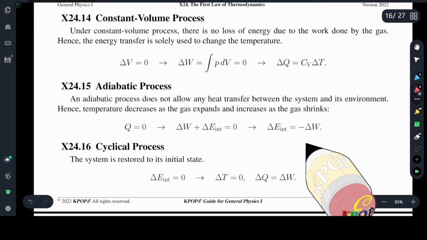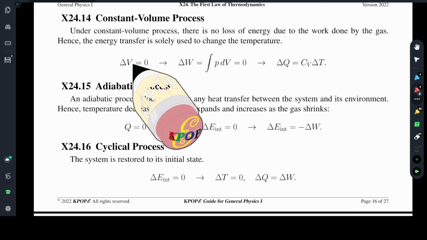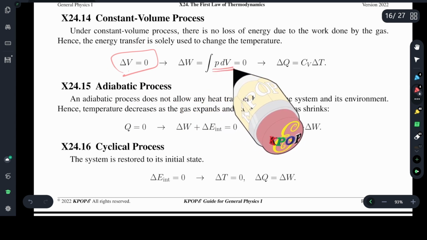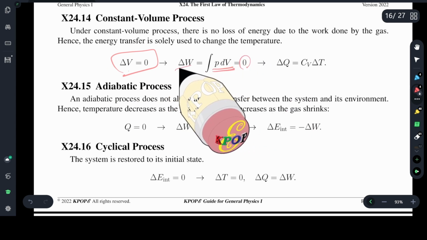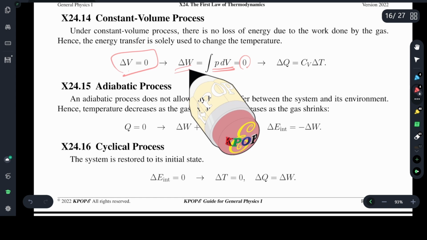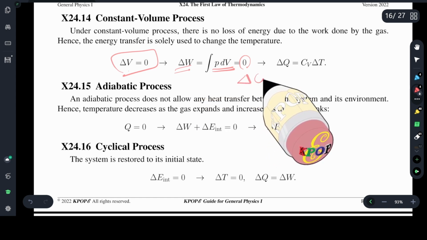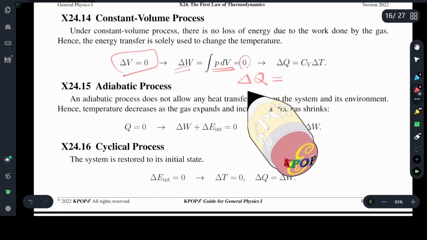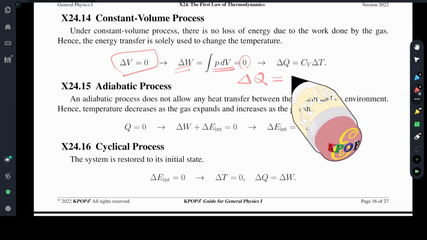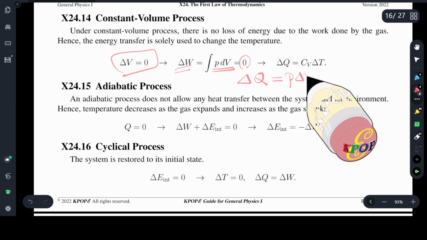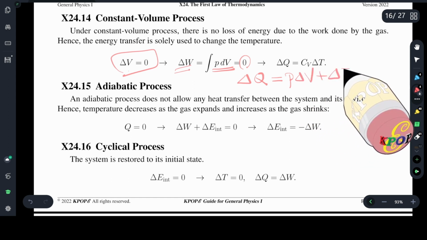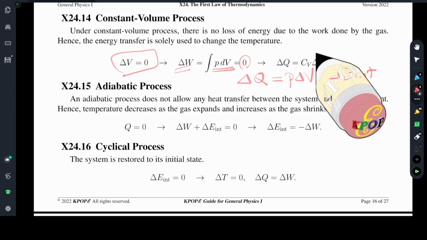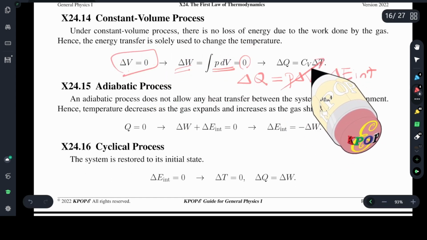Next, the constant volume process. If the process does not change the volume, then ∫P dV must be zero. The work done by the gas is nothing. According to the first law of thermodynamics, the supplied heat energy delta Q is equivalent to the sum of P delta V plus delta E internal, and in the constant volume process delta V equals 0.